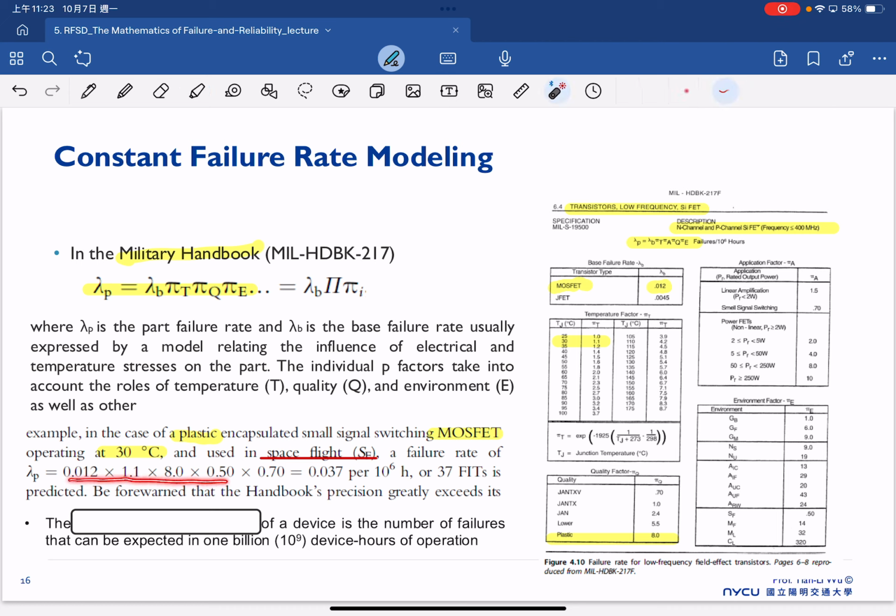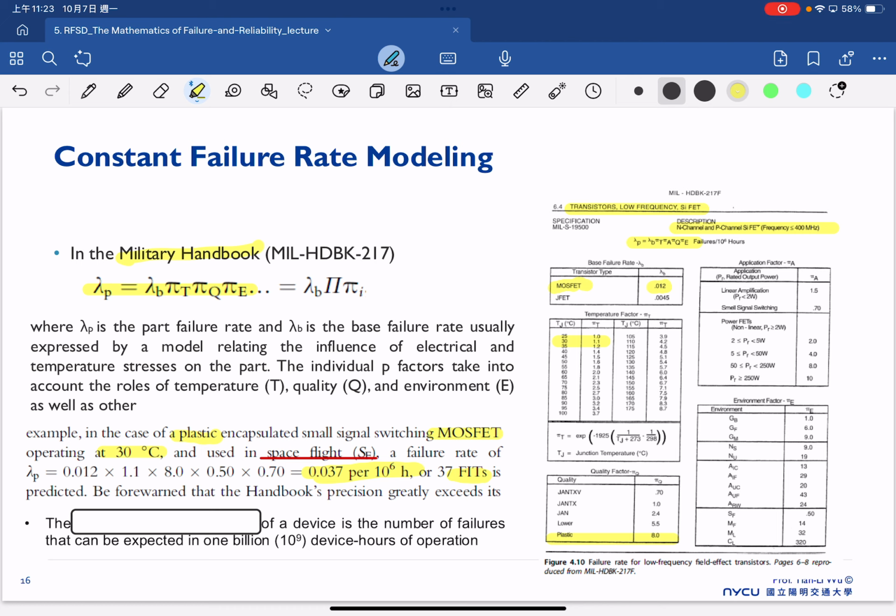If we calculate all of them, then we come up with 0.037 per 10 to the 6 hours, which is equal to 37. Usually we define this as a FIT. So that's the very basic application for reliability modeling.